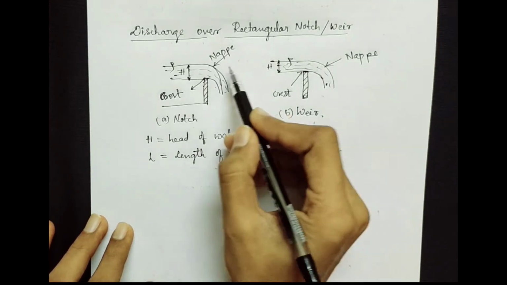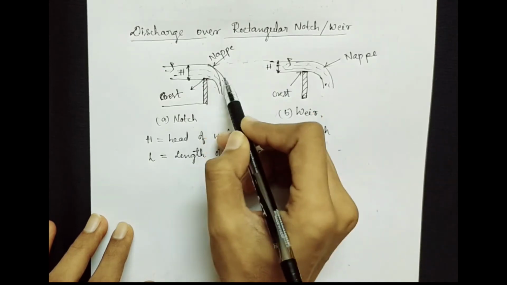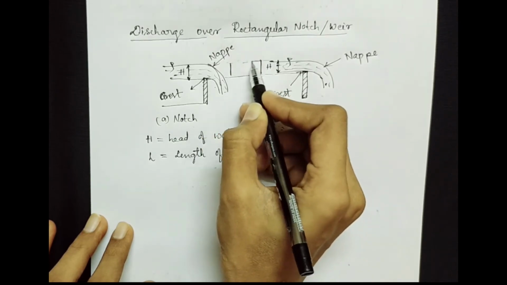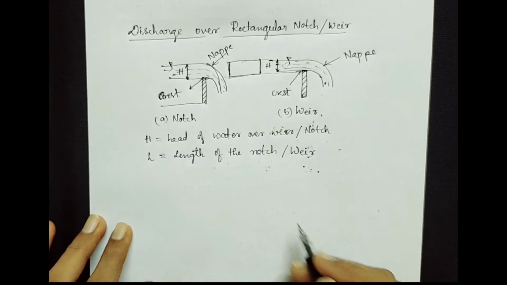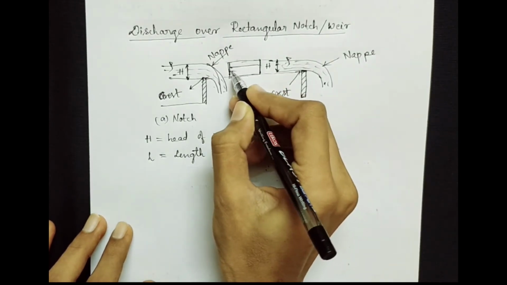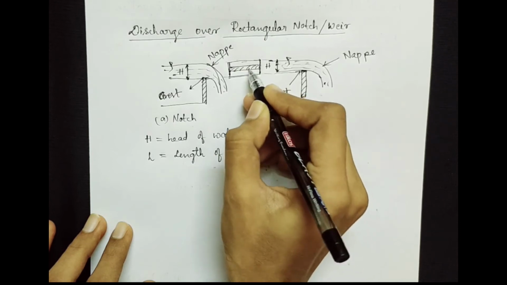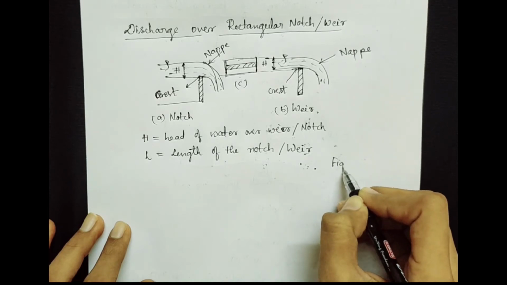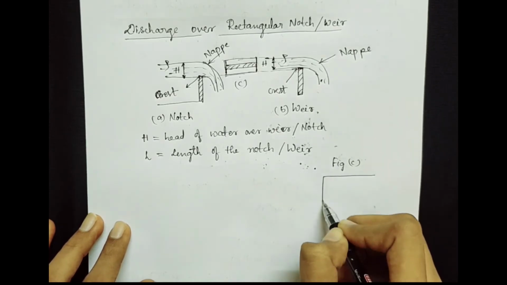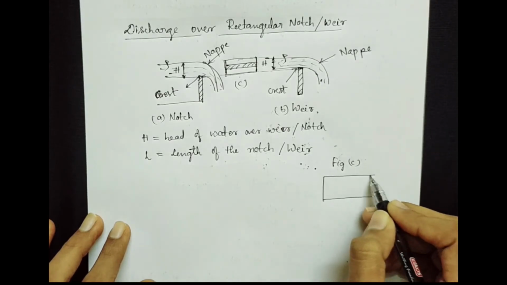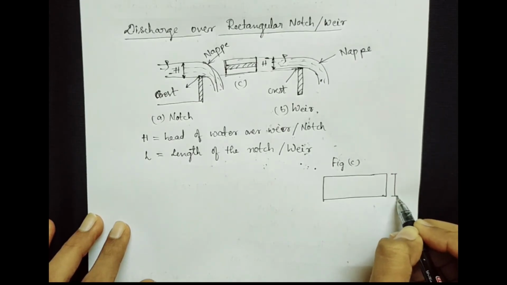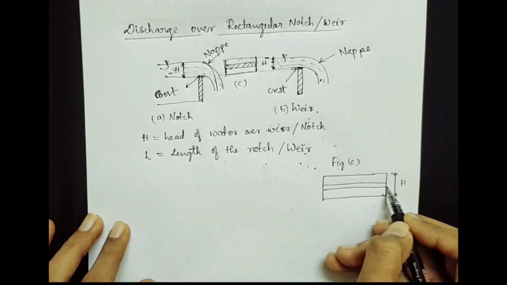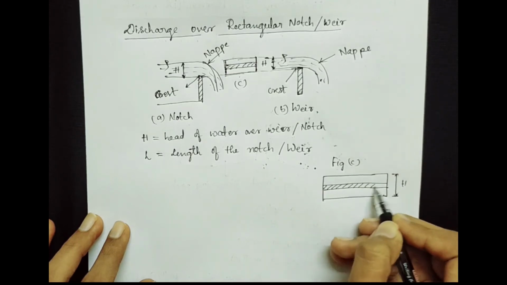For that, whatever this head of water is, we'll consider this section of water. This is the head of water, and this is a sheet of water flowing over the weir or notch.